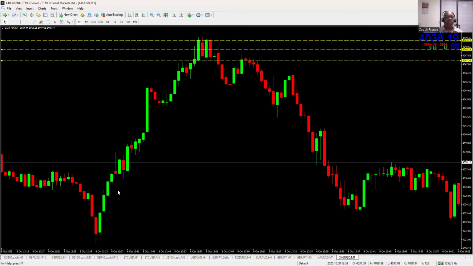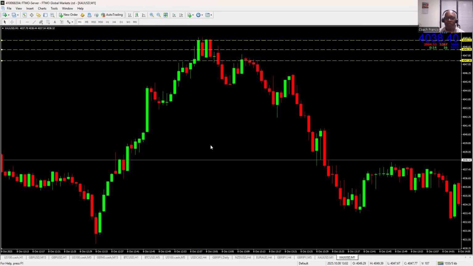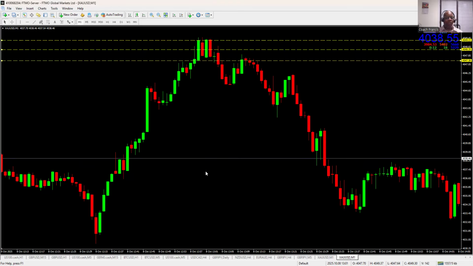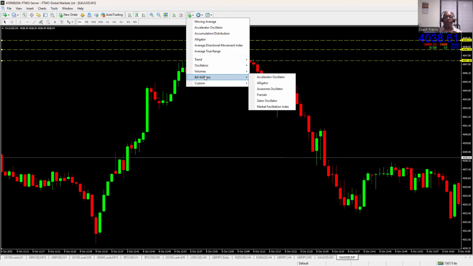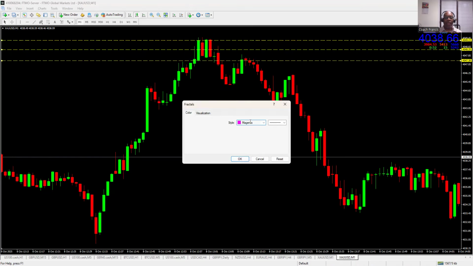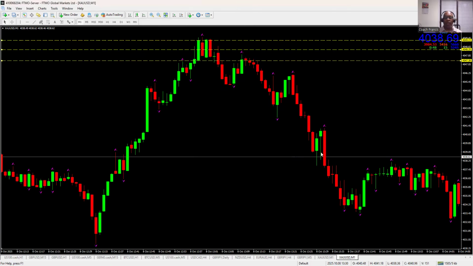So one tool on the MT4 and MT5 platform, and some other platforms as well, including TradingView, is what we call a fractal. If you want to get a fractal, go to the menu under Bill Williams, and you can see there, click on it. I have chosen mine as magenta, and you can see it's formed all over the chart.